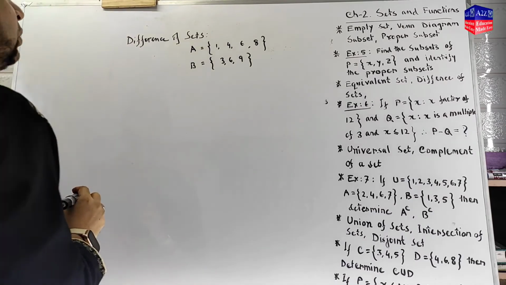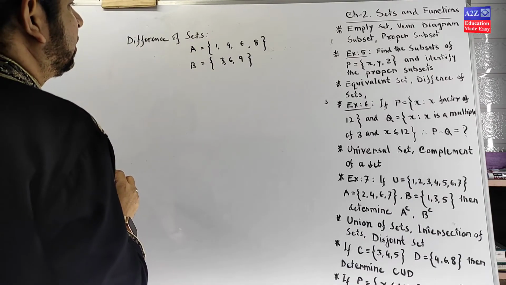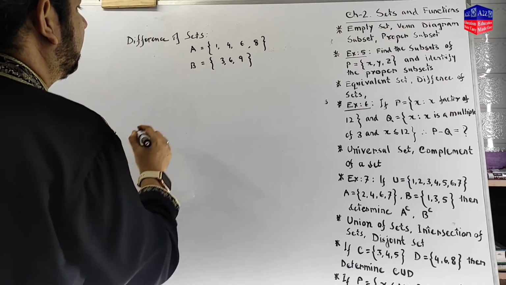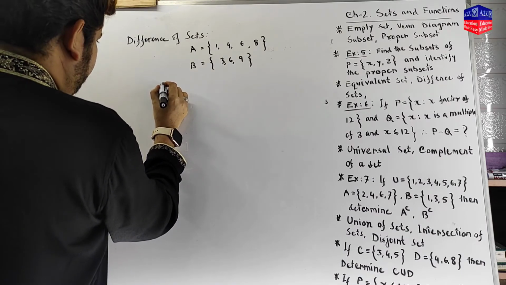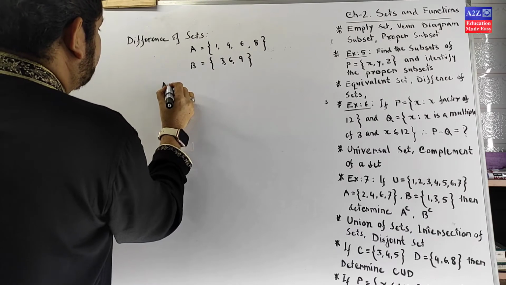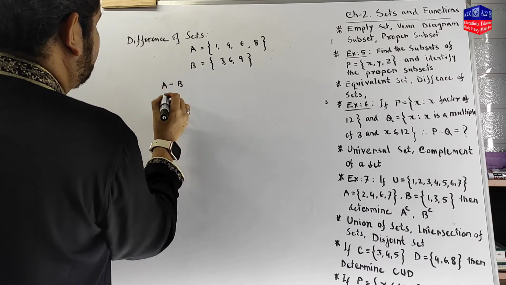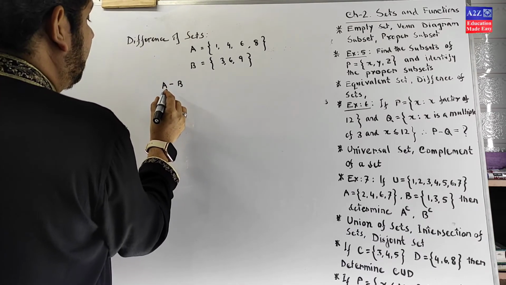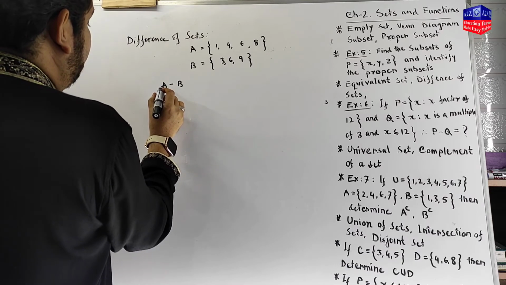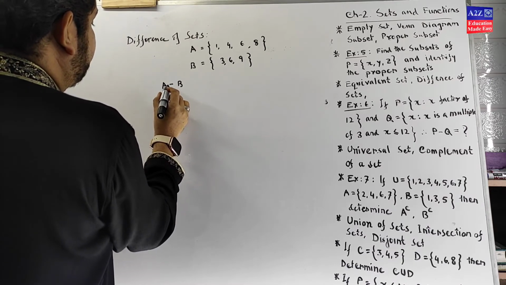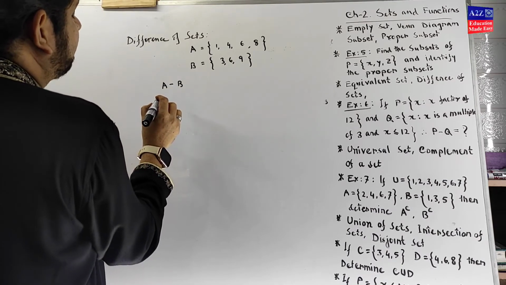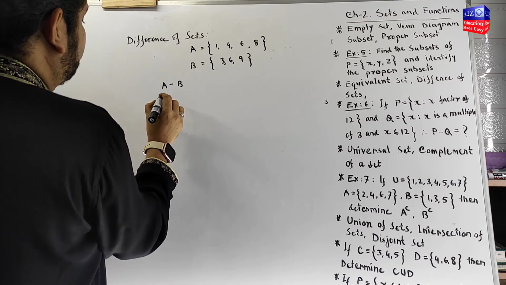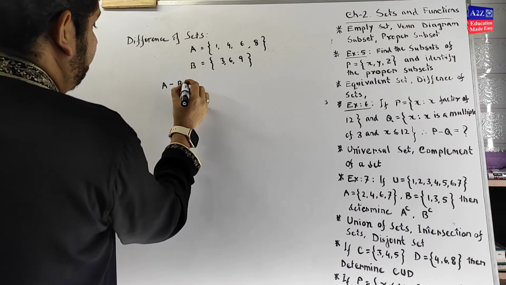So if I would like to find out the difference of these sets A and B, then I will write A delete B. I mean as in algebra, we try to find the difference of A and B by subtracting B from A. Exactly, we use a similar format, but we will read it as A delete B.